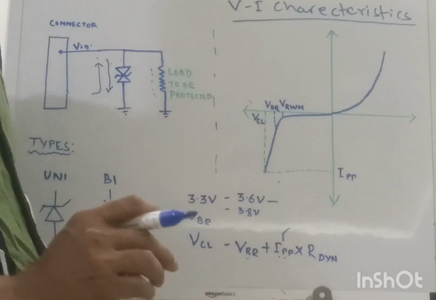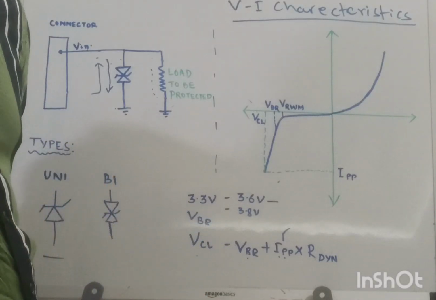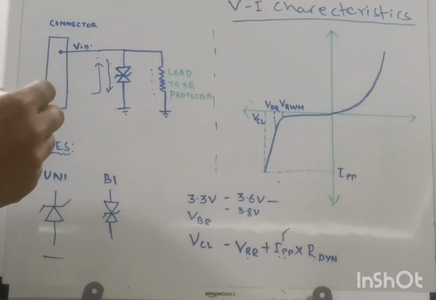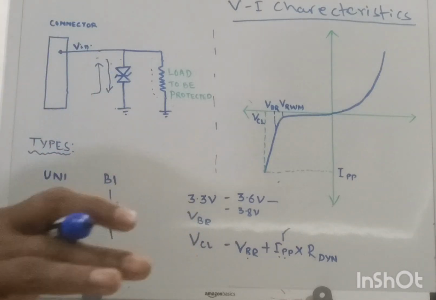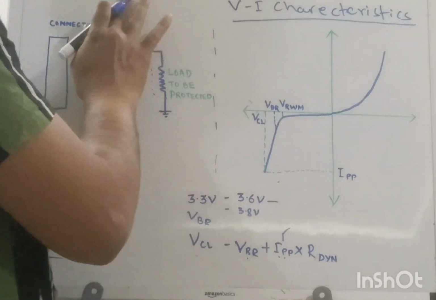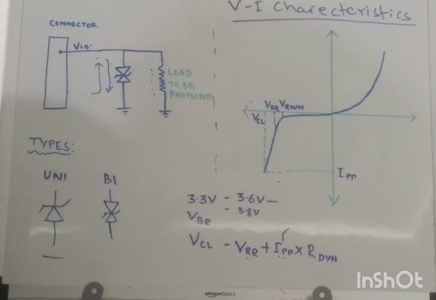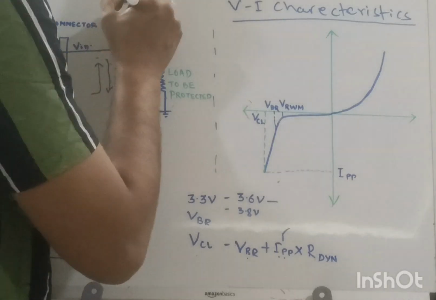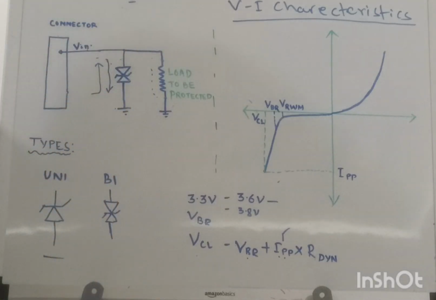IPP, as I mentioned clearly, is the peak pulse current. It is the maximum current that can be handled by your TVS diode without damaging the junction. For selecting a TVS for your application, you need to calculate the maximum surge current flowing through your system. That can be calculated by knowing the surge type appearing at your input.